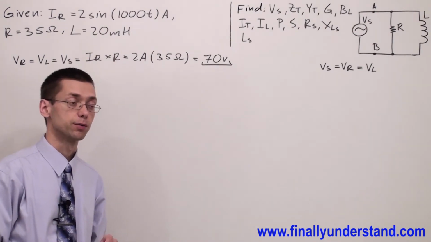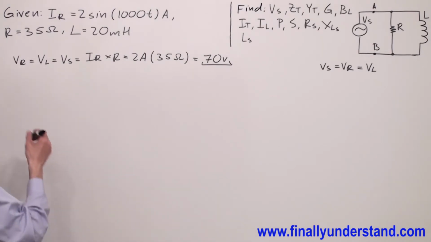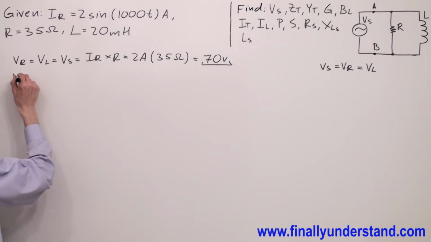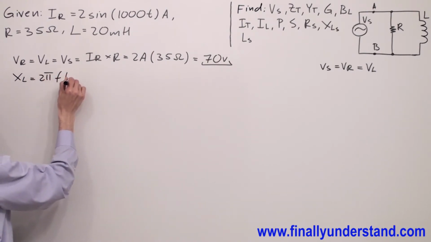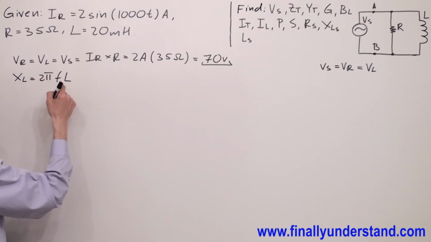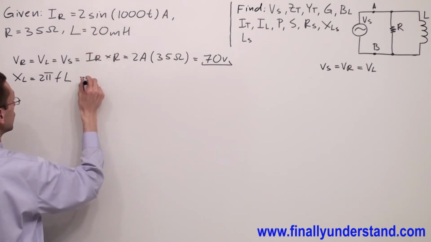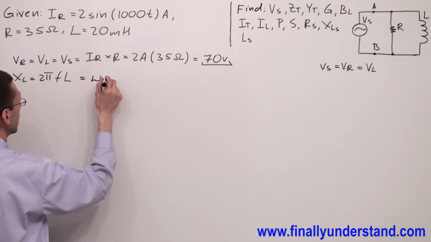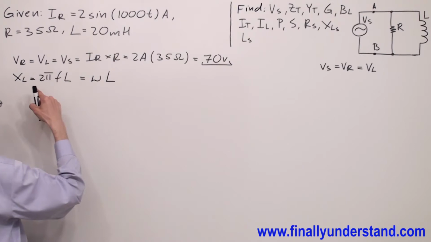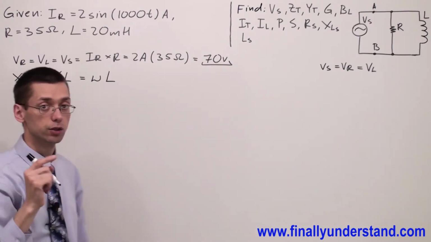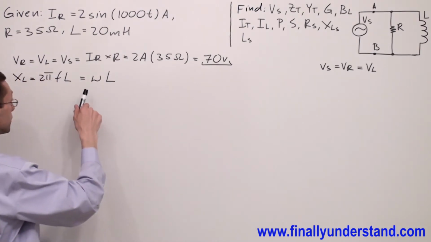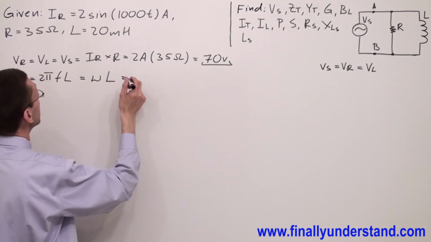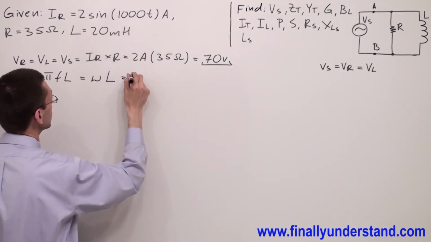inductive reactance. In order to do so, you're supposed to remember the formula which says X of L is equal to 2 pi FL. But we don't have the frequency given. We have omega given. So this is also equal to omega L. Don't forget that we're supposed to always add J or angle 90 degrees. Now, omega is equal to 1000.